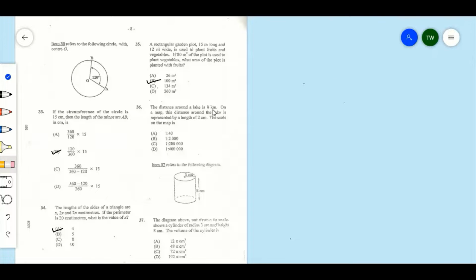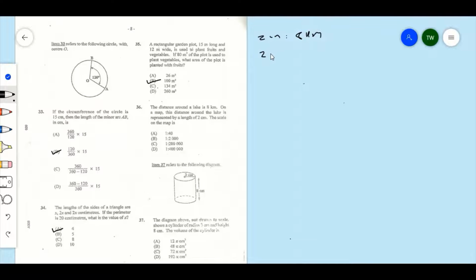The distance around a lake is 8 kilometers. On a map, this distance around the lake is represented by 2 centimeters. The scale on the map is... So right away we know that 2 centimeters on the map is the same as 8 kilometers in real life. So we're going to convert this 8 kilometers to centimeters.